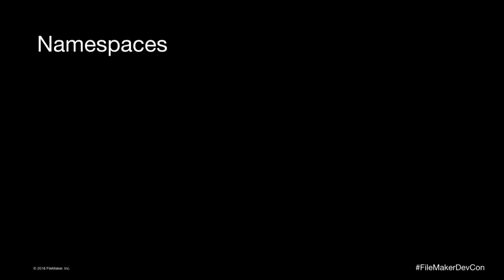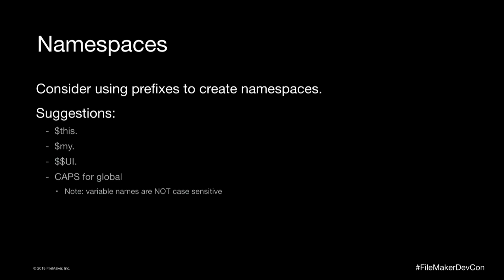So, I want to talk about namespaces, and this falls under more best practices. You should consider maybe using prefixes to namespace your variables. If I'm using merge variables in my user interface, I'll use UI.